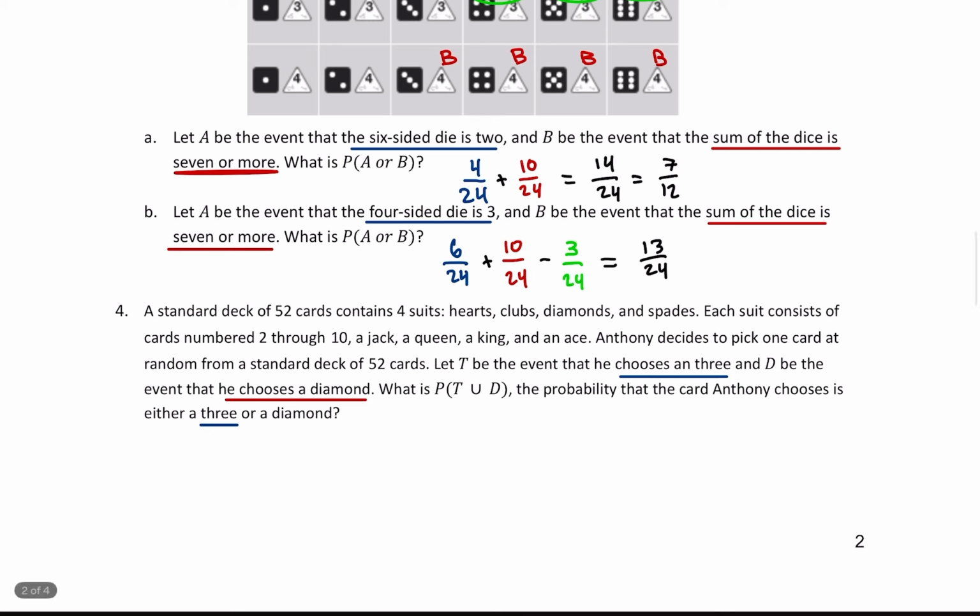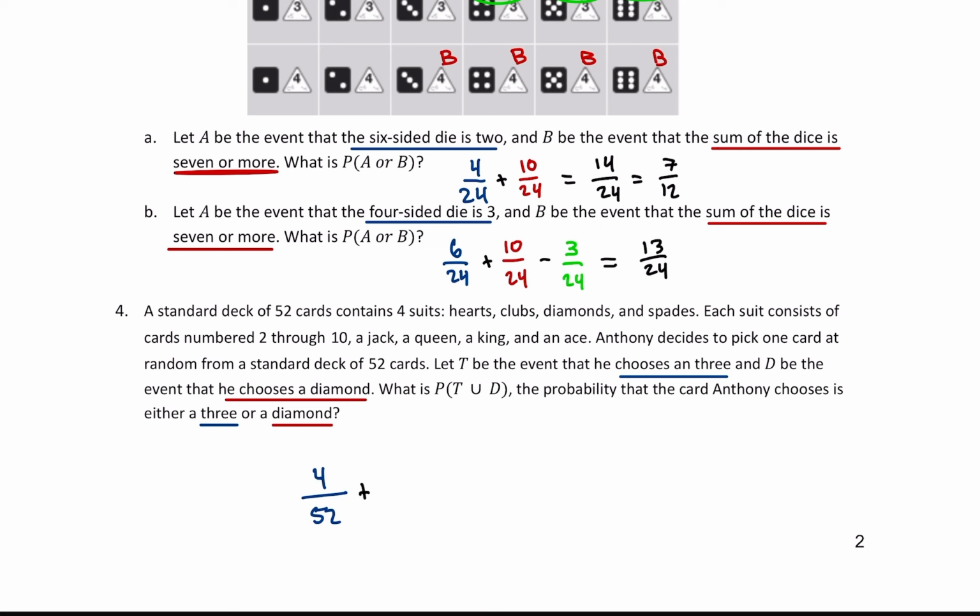Okay, so let's take this one at a time. Let's look at the blue, or the event that he chooses a 3. Well, if you've ever played with a deck of cards, you know that there's 4 of every card, okay? So I've got 4 3s out of my 52 cards, okay? Now I need to look at the event for B. What is the event?